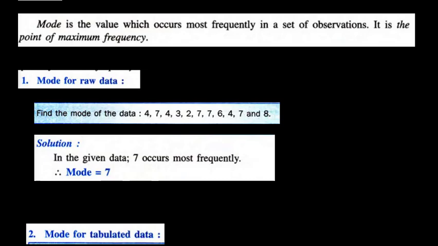So which number is coming more number of times? It is 7. In the given data, 7 occurs most frequently. So mode is 7. Simple, right? This is how you calculate mode of ungrouped, raw data.